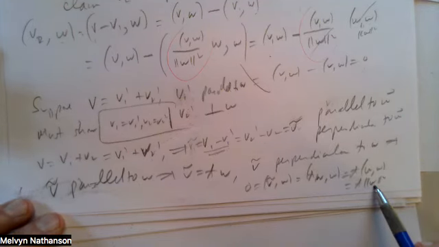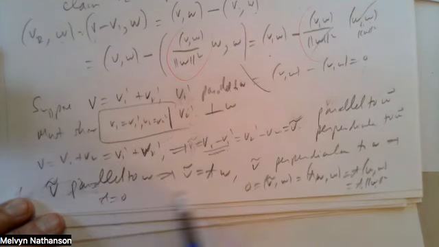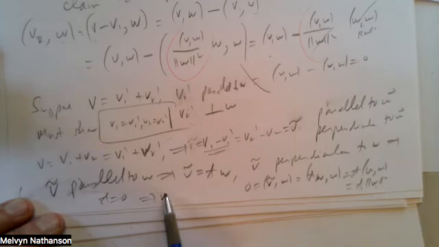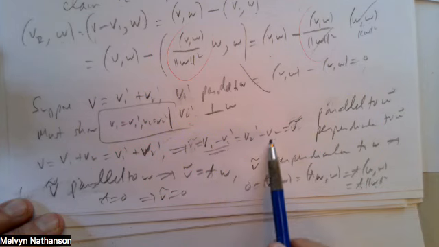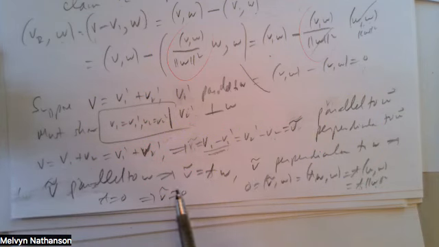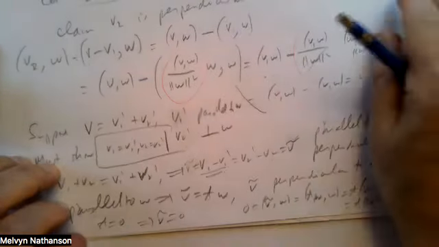W is not a zero vector, so the length is positive, so T has to equal 0, which means V tilde has to equal 0, which means V1 equals V1 prime and V2 equals V2 prime. So this is, again, a lemma in the text, and so there's always a unique decomposition.